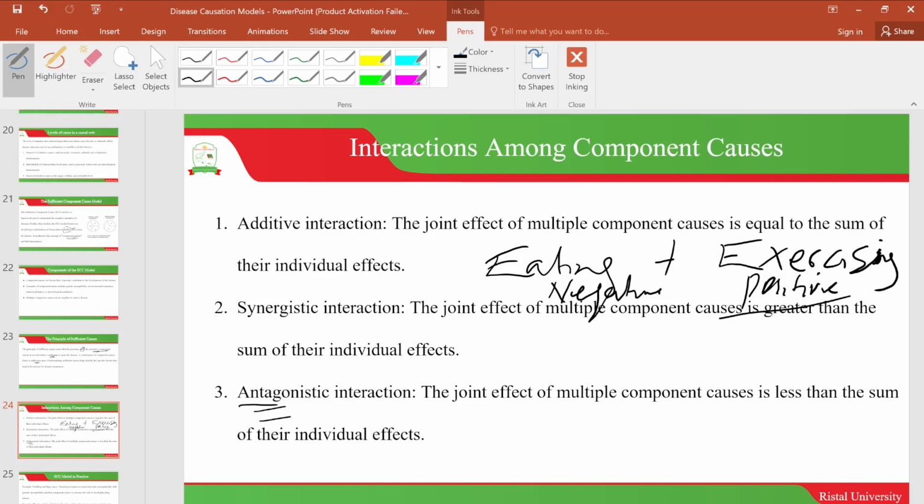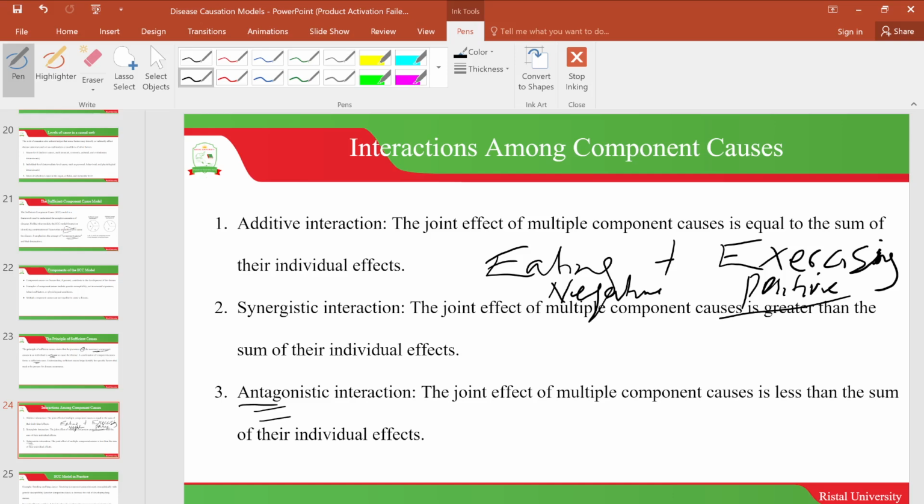So if we have poor eating habits combined with regular exercising and perhaps a good genetic profile that is not linked to heart disease, then you have these factors balancing out, antagonizing each other.